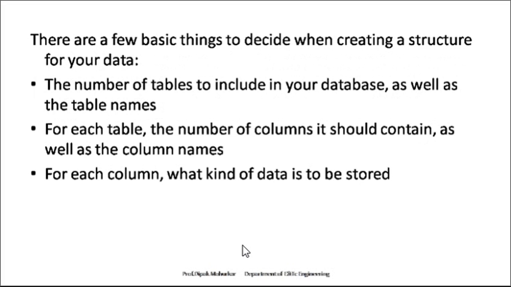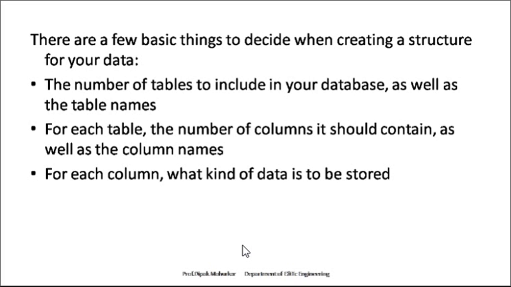So these are the basic things to decide when creating a structure for your data. First, the number of tables to include in your database as well as the table names. Second, for each table, the number of columns it should contain as well as the column names.